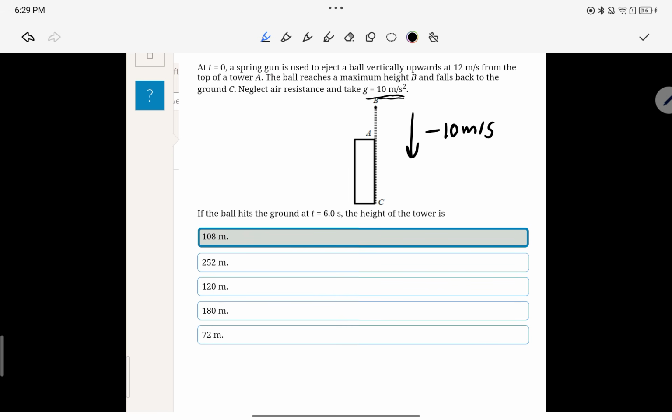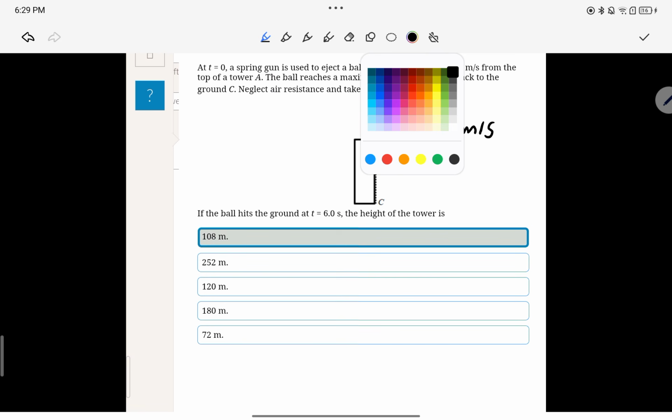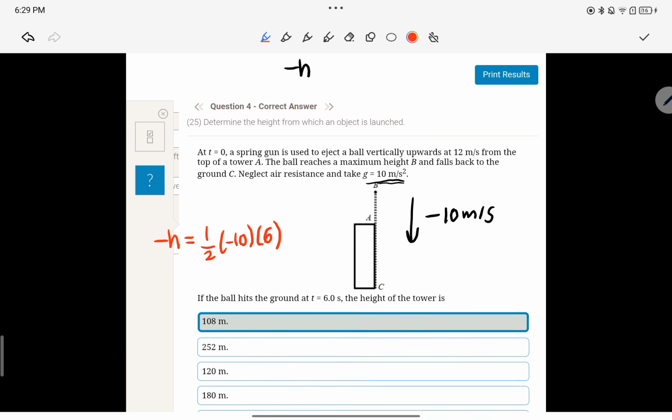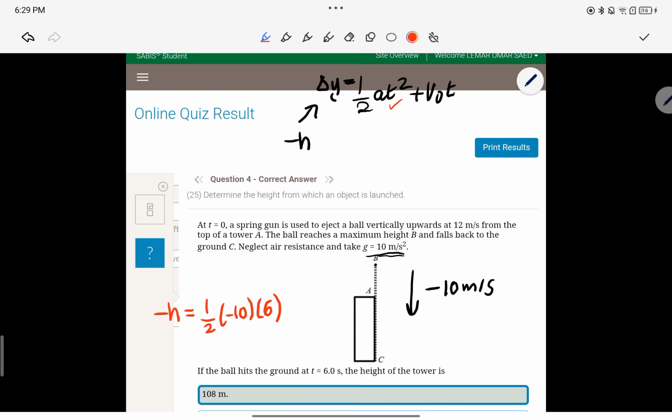Okay, now we have to substitute: negative h equals 1 over 2 times negative 10 times 6, because time squared. Oh, sorry, without squared here. With squared. Plus 12 and 6.